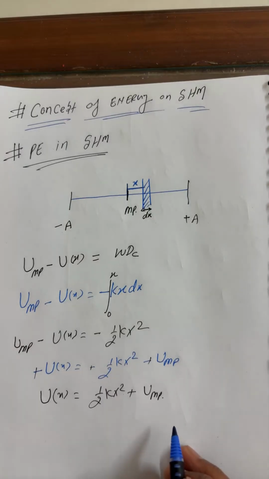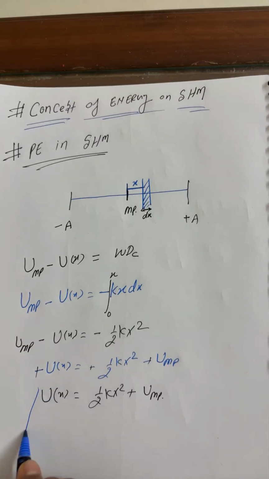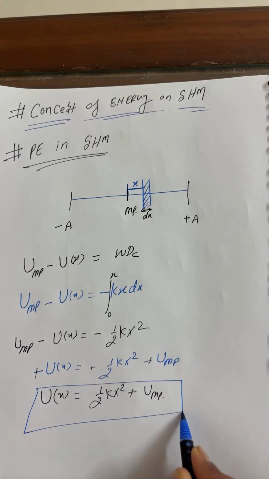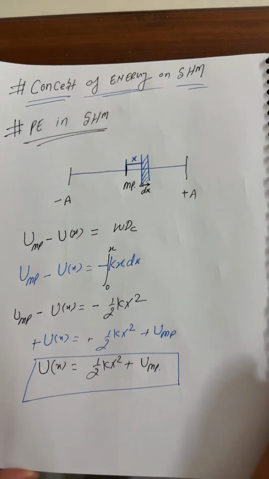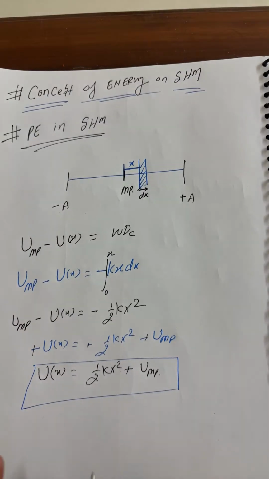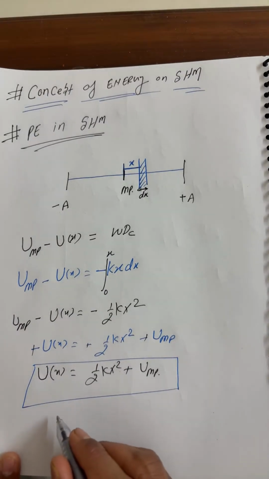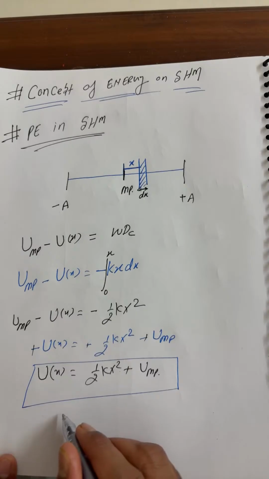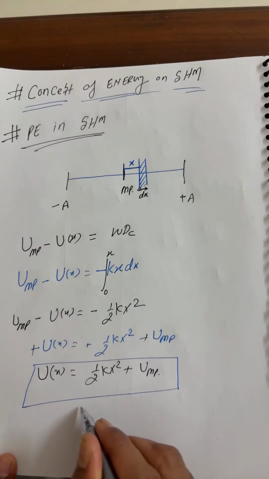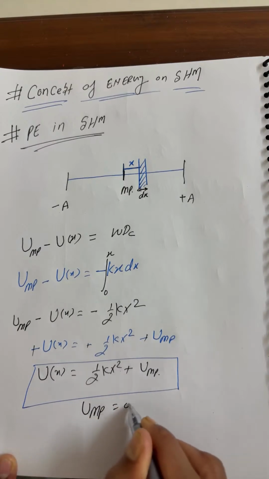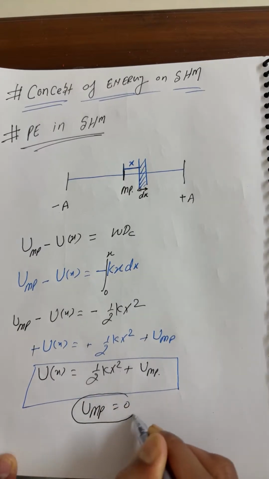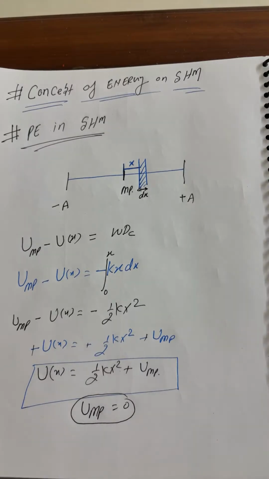MP implies mean position, not Madhya Pradesh, so keep that in mind. But students, in 99.99 cases we assume U at mean position equals 0. So we can write U as a function of x.